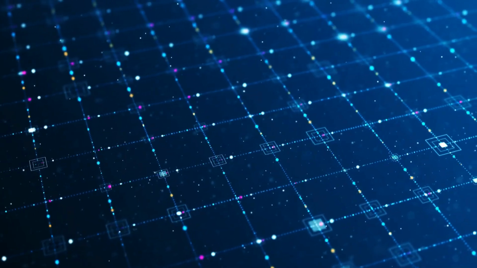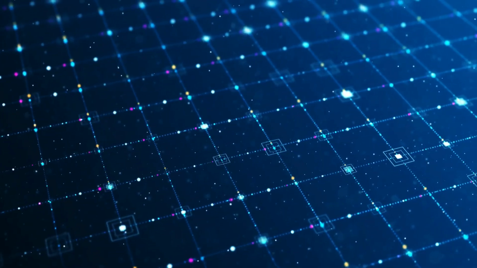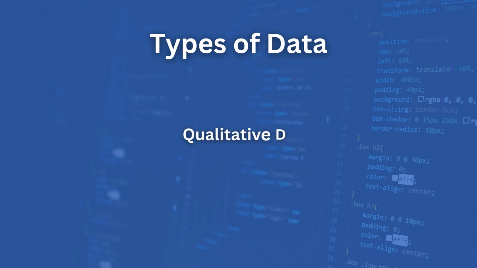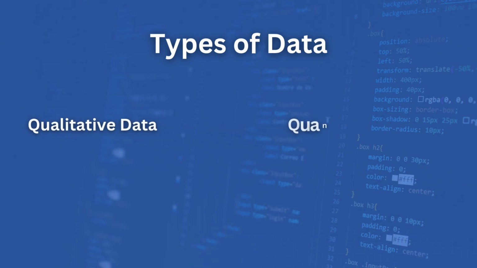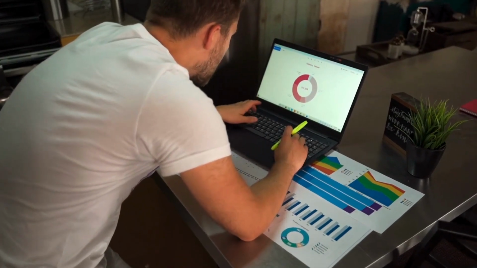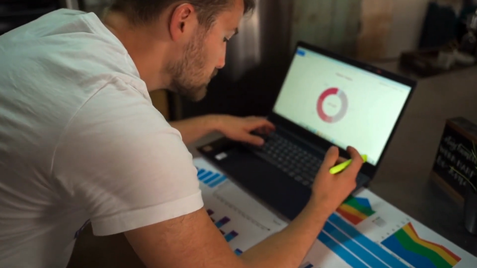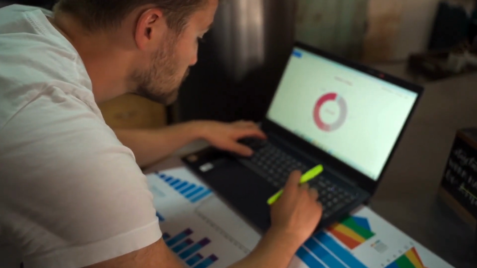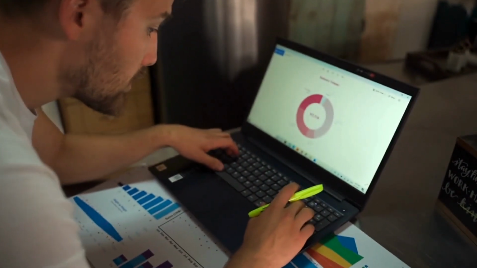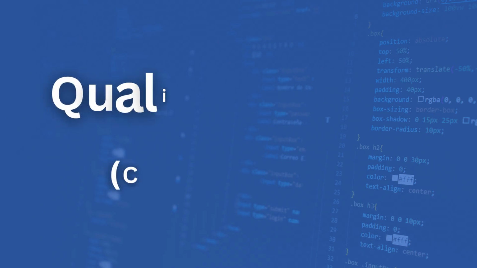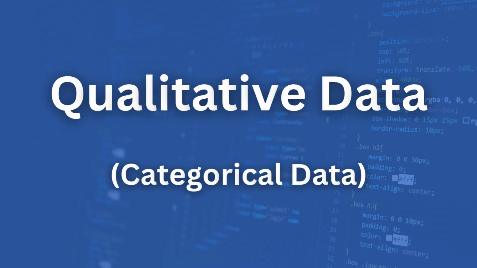Broadly, data is classified into two main categories: qualitative data, also termed categorical data, and quantitative data, also termed numerical data. Each of these has its own subtypes and serves a different purpose in statistical analysis. So let's start with qualitative data, that is, categorical data.